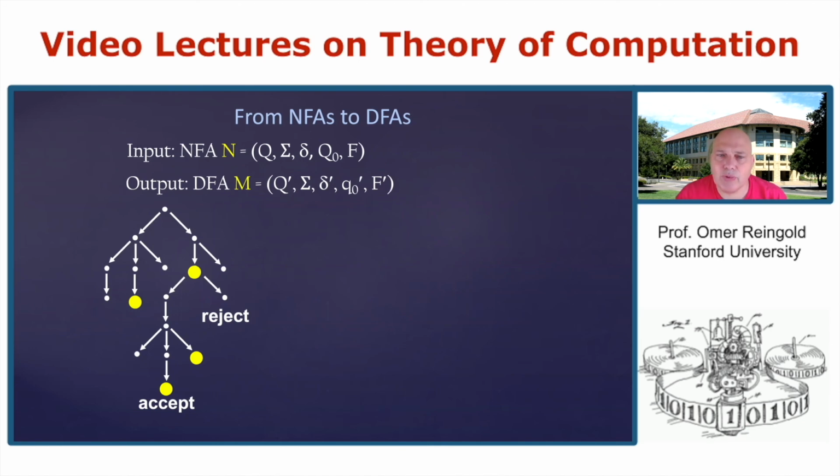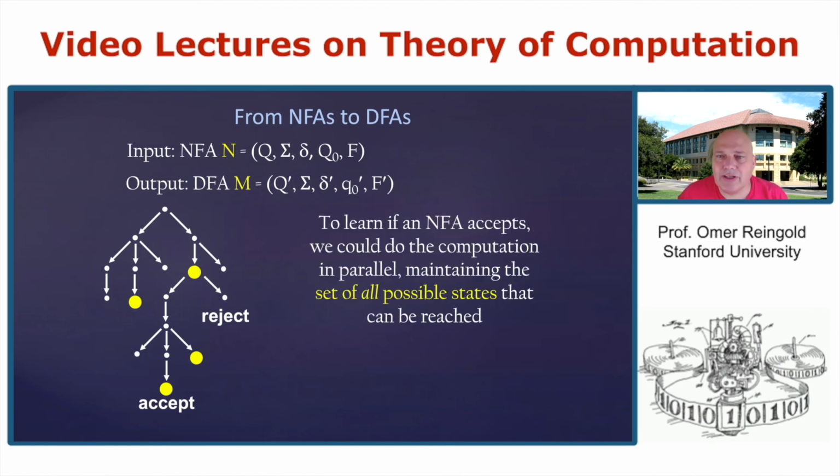So instead of monitoring all the different paths you can take, which is exponential in the length of your input, we will only monitor all the possible states you could have reached. This is exponential, but exponential just in the number of states. And the number of states, this is an NFA, it's a constant. So exponential in a constant is still a constant. So that's the kind of the idea.